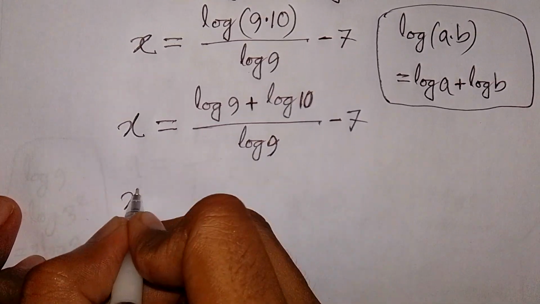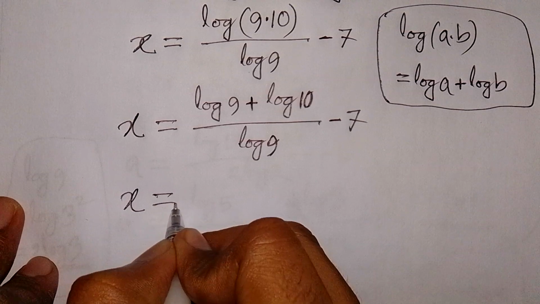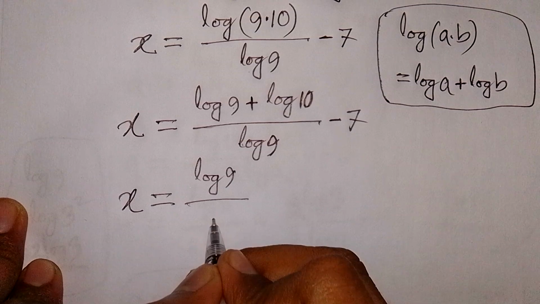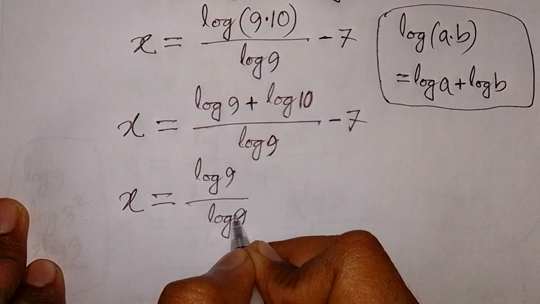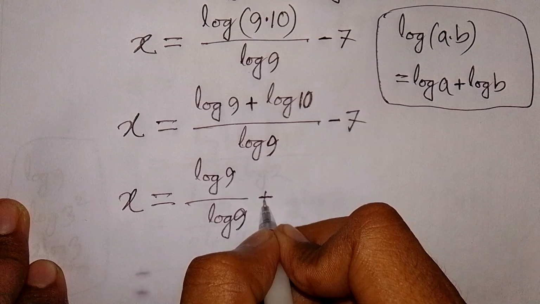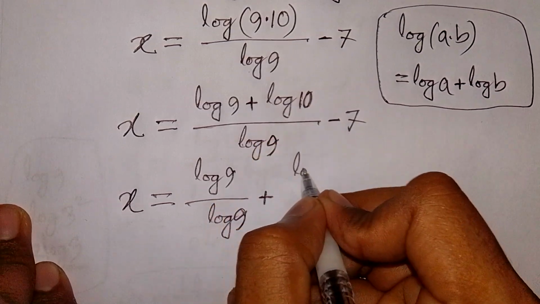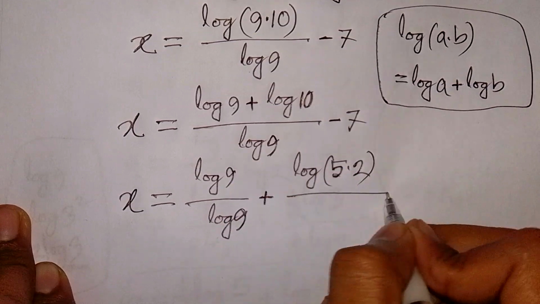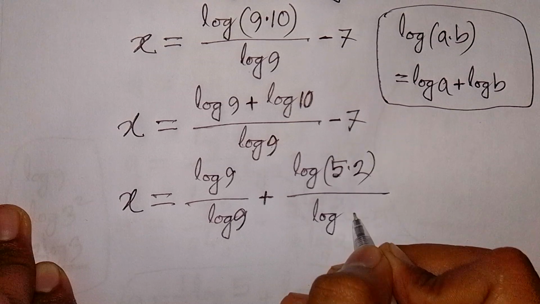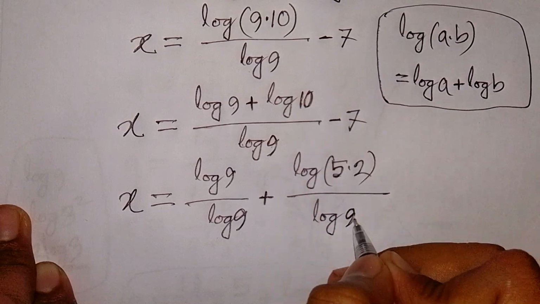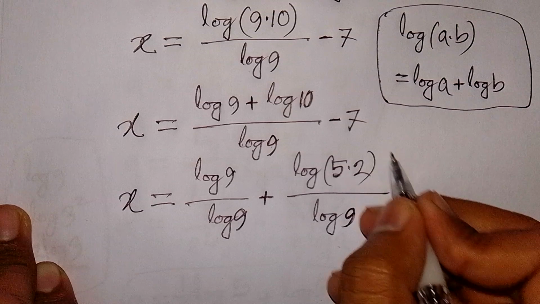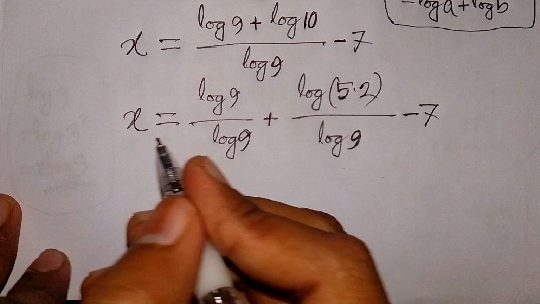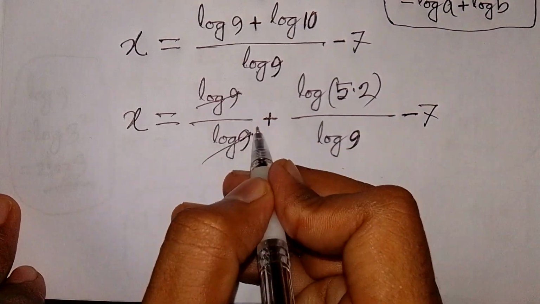Now x will be equal to log 9 over log 9, then here plus log 10 can be written as log of 5 times 2 over log 9. Then here minus 7. Now this log 9 will be cancelled.